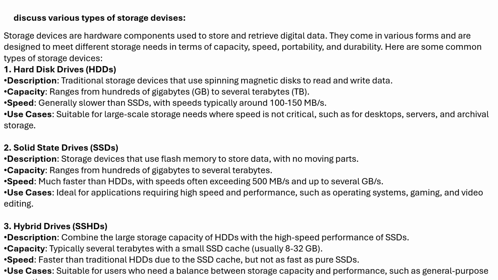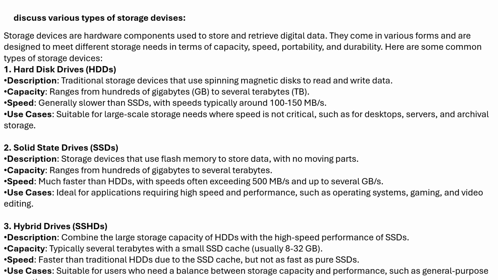Hybrid drives combine the large storage capacity of HDDs with the high-speed performance of SSDs. The capacity is typically several terabytes with a small SSD cache, usually 8 to 32 GB.